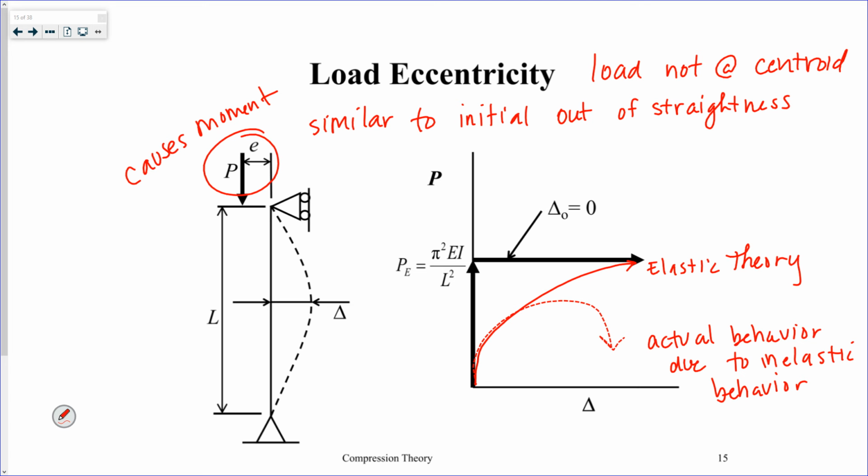More moment means more additional compressive stresses, so you might reach yield a lot sooner, so you're going to have some inelastic behavior. Versus if it was just a small eccentricity, it'll eventually reach it. It'll just have a little bit of warning prior to reaching the buckling load.